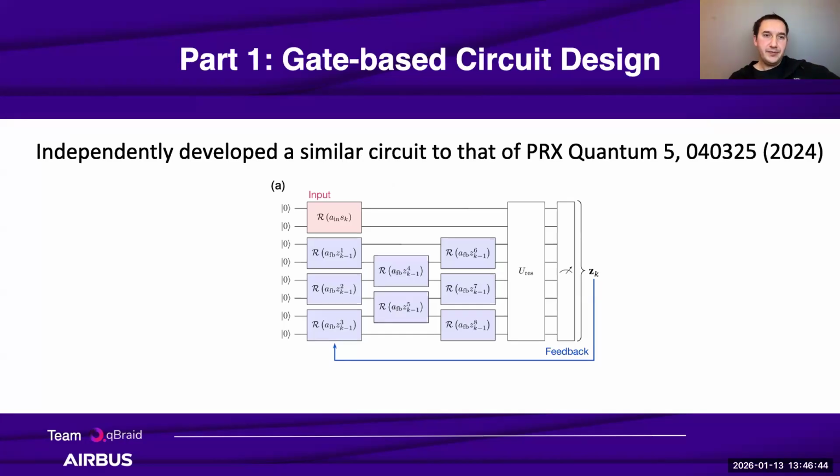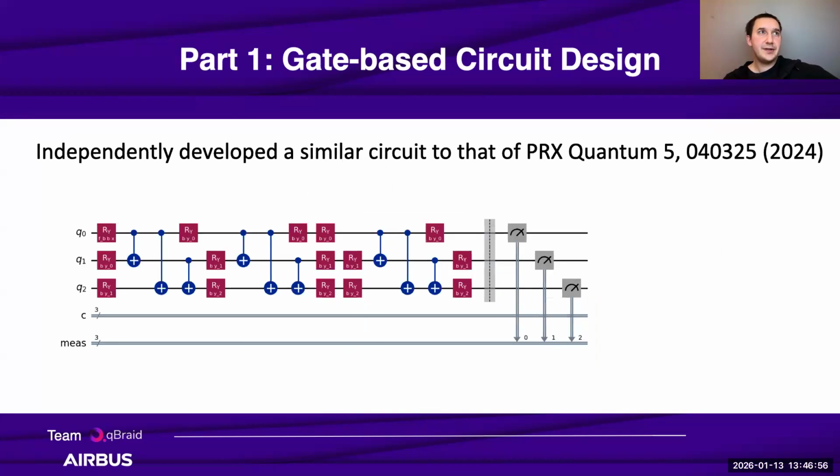So what we developed was a gate-based design similar to the one I spoke about earlier, where you feed these observables back into the circuit. But unlike that one, ours looks like this. We've got that same feedback parameter on the top left there. And then these observables Y0, Y1, and Y2 are the arccosines of your Z expectation value for each qubit.